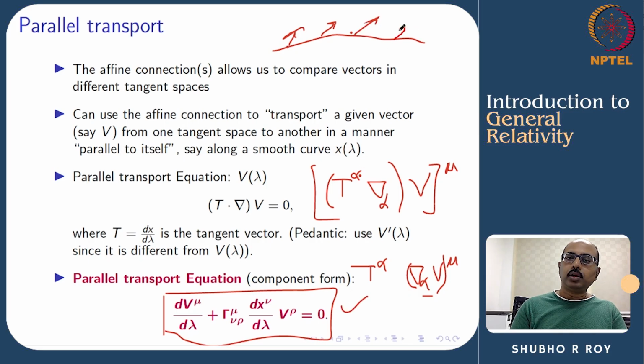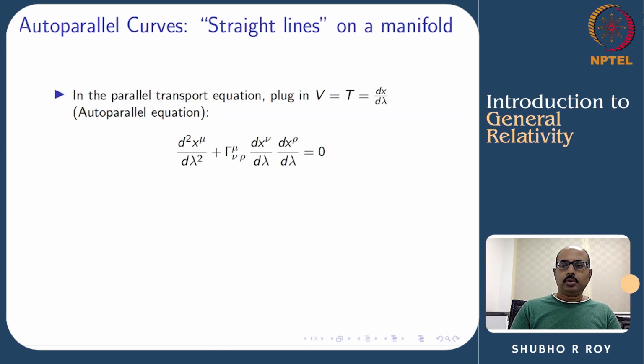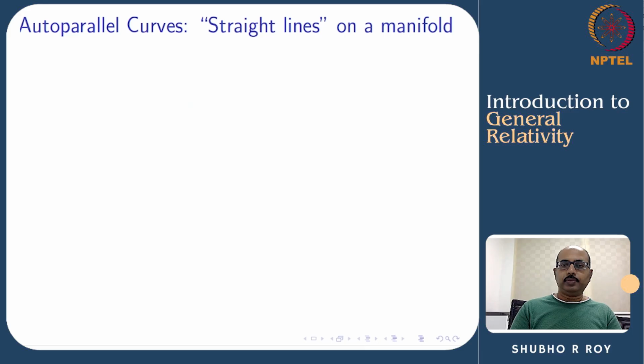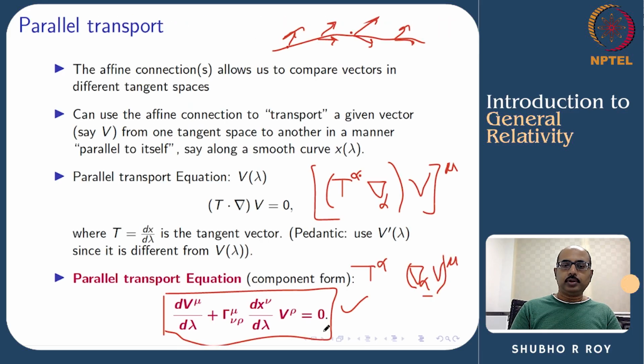Now that is not necessarily equal to the value of the vector. This new vector which we constructed by parallel transporting V might not be the actual vector field itself, but a parallel transported version of the vector field.